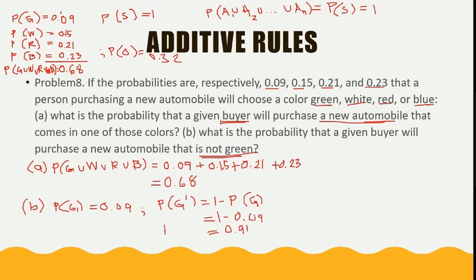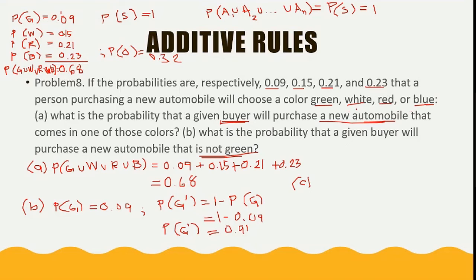So that's the probability that you will not choose green. Again, as I've told you earlier, it depends on the statement. Now, let's have a problem C. What if the statement would just say, what is the probability that the buyer will not buy a green automobile, but any of the remaining three?